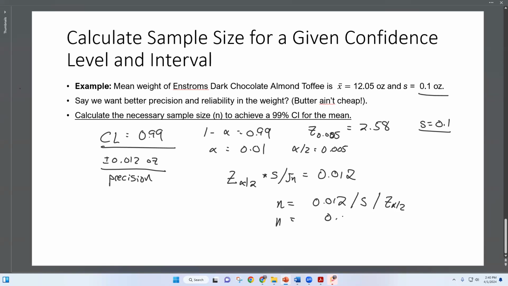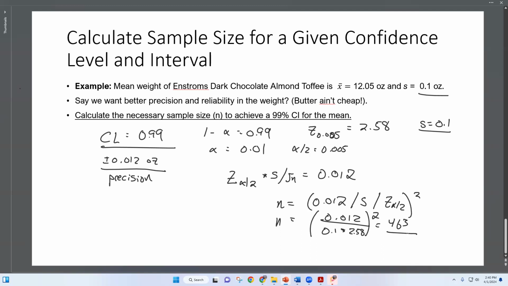So n is equal to 0.012 all over 0.1 times our z, which is 2.58. And that should give us about, oh, we have to do a square, right? Sorry. And that should then give us an n of about 463.